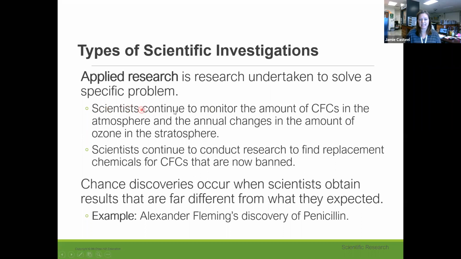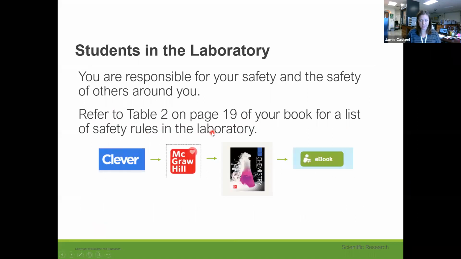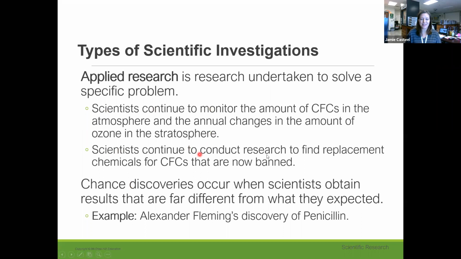So those scientists continue to monitor the amount of CFCs in the atmosphere and the annual changes in the amount of ozone in the stratosphere. They continue to do their research to find replacement chemicals for CFCs that are now banned. I want you to take very good note here. CFCs are now banned because it was destroying our ozone layer.